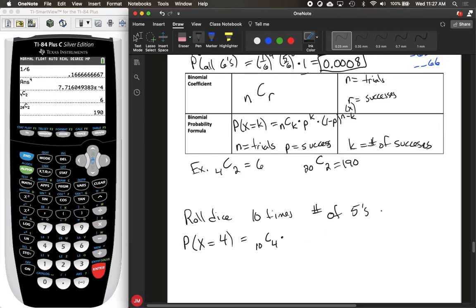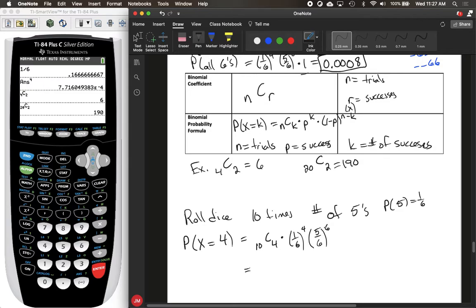Multiplied by our probability of success, which, the probability of rolling a 5 is 1 out of 6. So we're going to multiply that by 1 out of 6 to the power of the number of successes we want, which is 4. And then multiply by the probability of failure, which is 5 out of 6 in this case, to the power of n minus k. If there were 4 successes, 10 minus 4 means that there would have to be 6 failures.